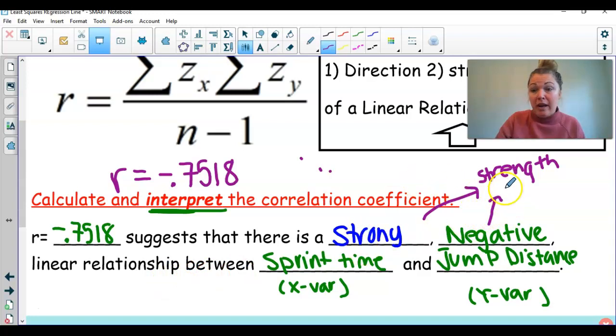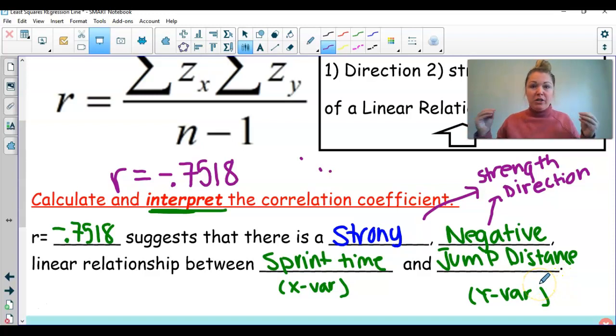So we have the strength and we have the direction. Of the linear relationship between, this blank will always be our x variable in context. Our x variable was sprint time, and our y variable in the second blank, in this context, was jump distance.